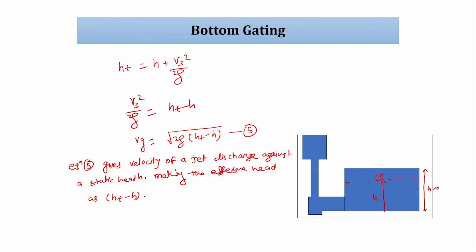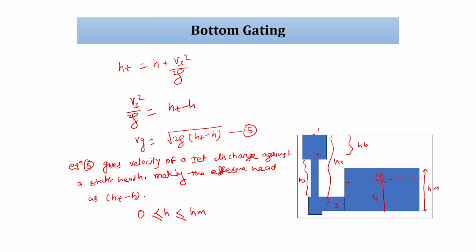So, H will vary from 0 to Hm. And this is total height Ht. Okay. Points 1, 2, 3, basin, Hs, sprue. Okay.